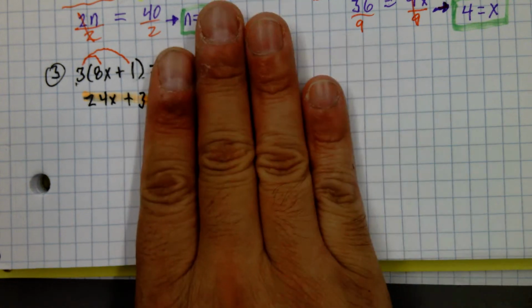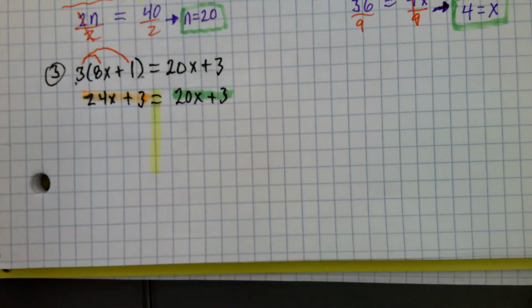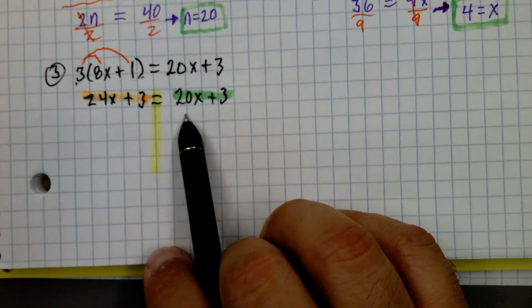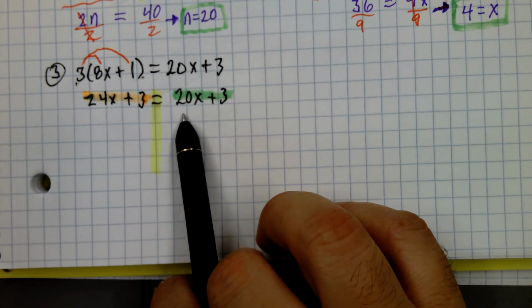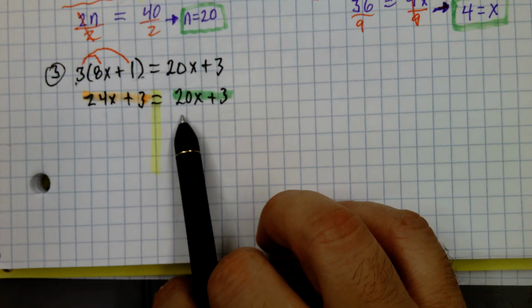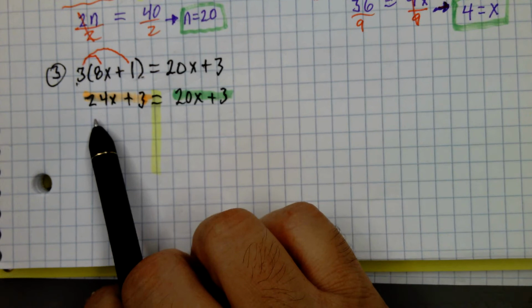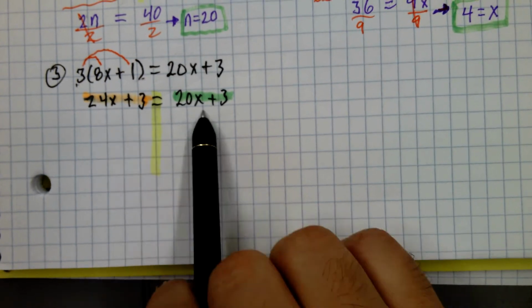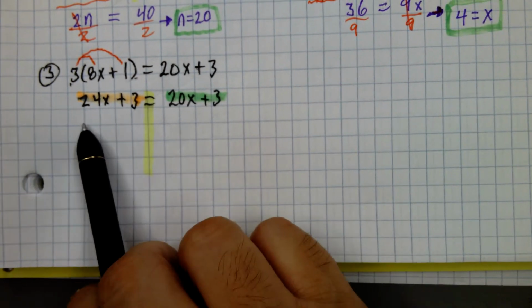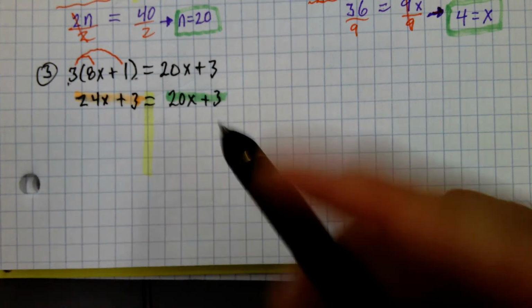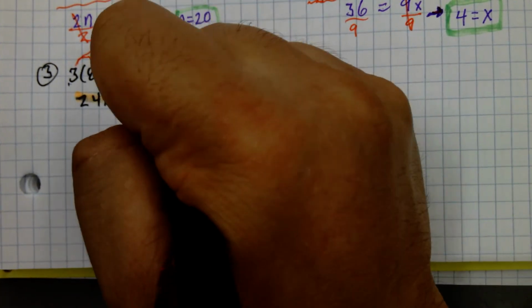Nothing to combine on each side. Let's get rid of a variable. If I want to get rid of 20x, what do I have to put on both sides? Negative 20. If I want to get rid of 24, what do I have to put on both sides? Negative 24. Let's get rid of 20. It seems easier.